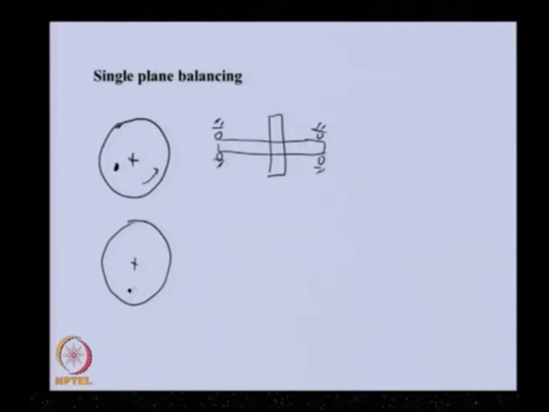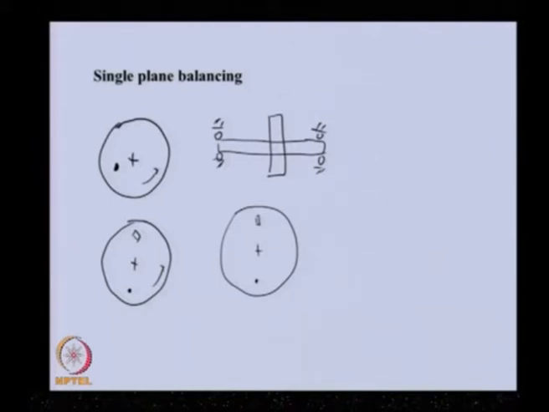To balance this, obviously we need to keep some kind of correction mass on the other side. We put in some arbitrary value, and once we have put it, we rotate again. If it comes to rest in the same configuration after it stops, that means the correction mass we kept is not sufficient.